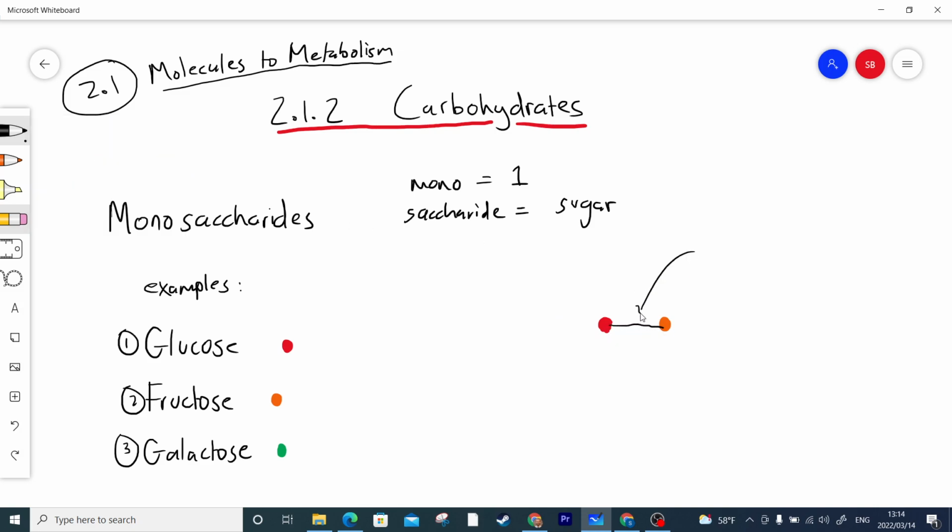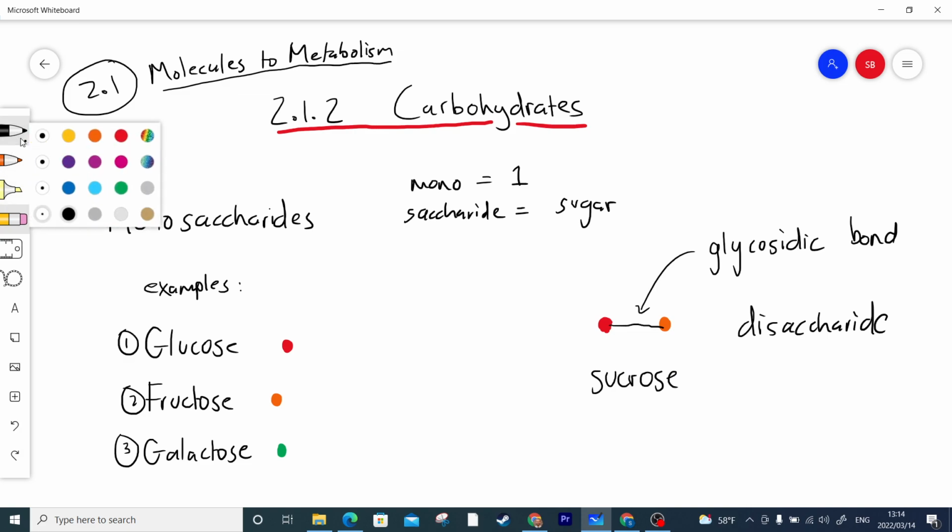This bond you need to know, the bond that joins two monosaccharides is called a glycosidic bond. And now we've got a different disaccharide. This disaccharide, when you've got glucose and fructose together, is called sucrose. And this is the kind of sugar that you put into your coffee and your tea that you find in most households.